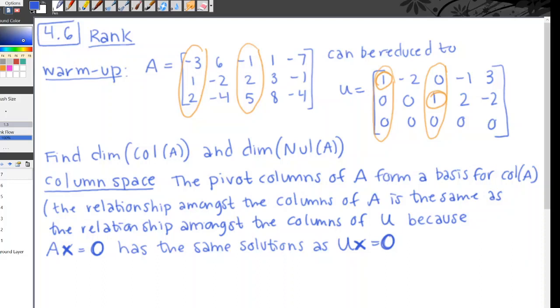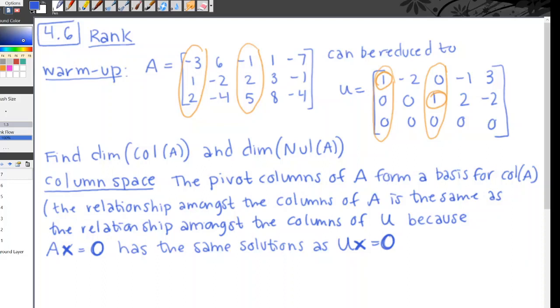So think about why that's true. It is true, and the reason is that your vector x is representing the weights that you're applying to each of the columns. So whatever you find for x, that's telling you the relationship between the columns.